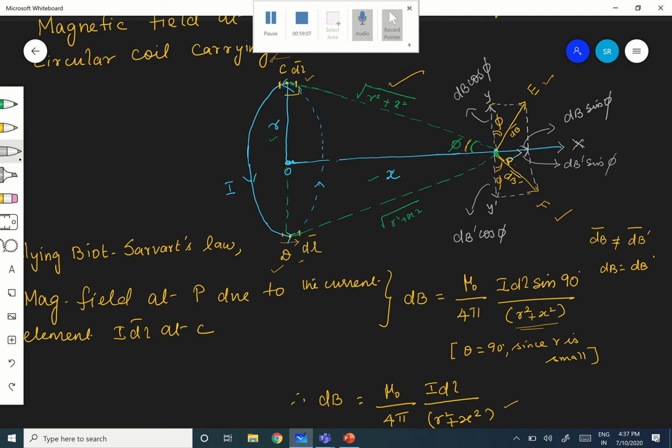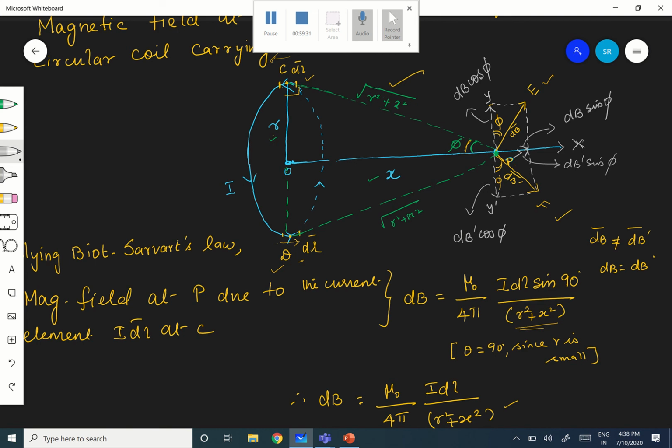Therefore, this is the x direction. Therefore, along PX, the component of dB along x direction is dB sin phi. And the component of dB dash along y direction is dB dash cos phi, and the component of dB along y direction is dB cos phi.